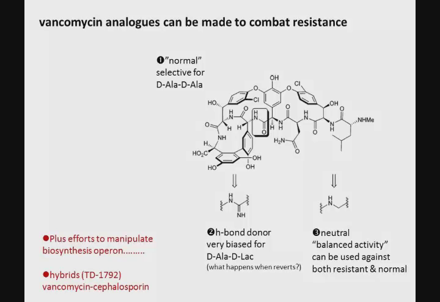The other wacky thing that people are doing in the field, and this kind of blows my mind a bit as well, is they're making a hybrid with two warheads. The first part of the drug is vancomycin, and the second part, they chemically attach a beta-lactam to the top.